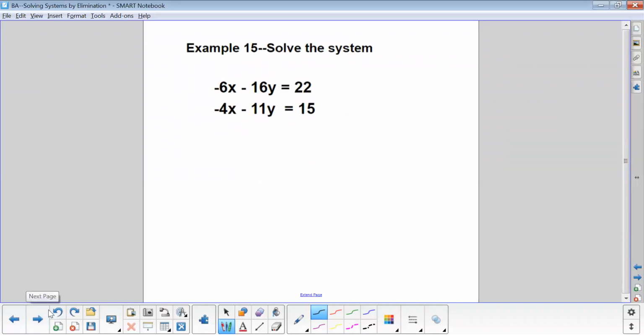Now the last couple are just more practice without context. So you look at your system and you decide which one you want to eliminate. So I'm going to multiply this one by positive 2 to get to negative 12. And I'm going to multiply this one by negative 3 to get to positive 12.